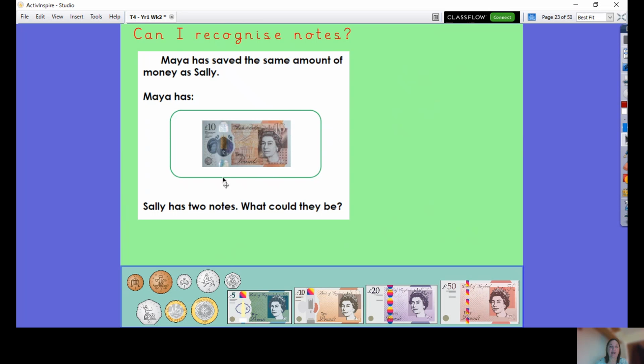And 20 and 20 is 40. Do you know what 50 and 50 is? I'm sure some of you do. 50 and 50 is 100. So we know that Sally has got to have 2 £5 notes, because double 5, 5 and 5, makes 10. So they've both got the same amount of money, but Maya has a £10 note and Sally has 2 £5 notes, but they make exactly the same amount. They're just different notes.